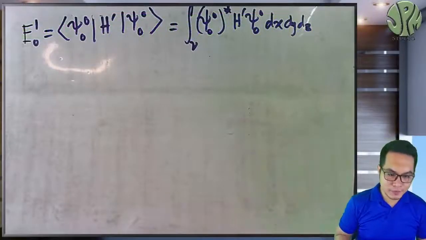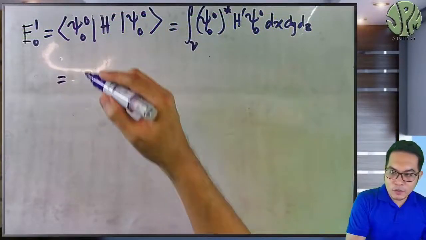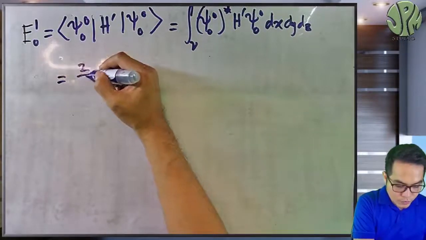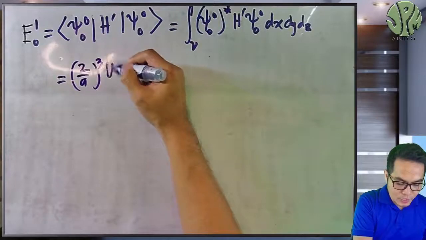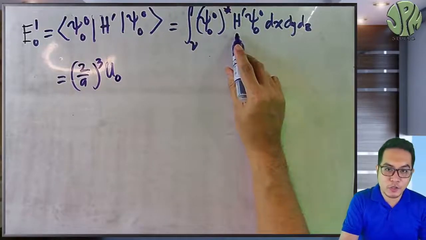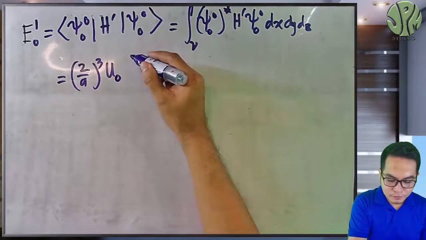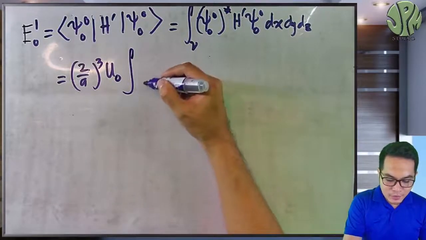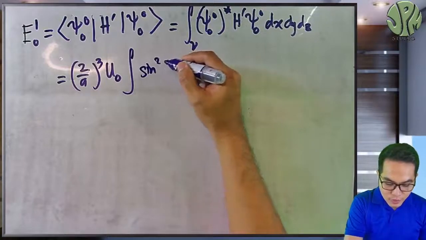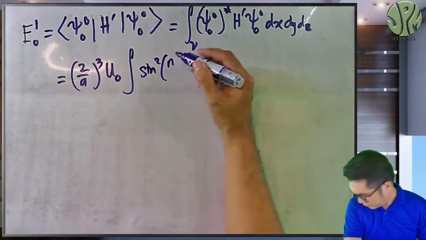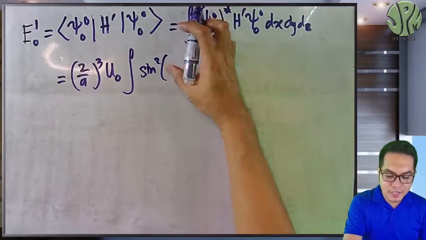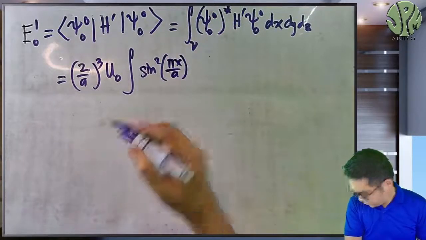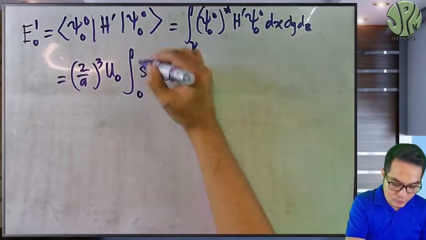So how do we do that? We have a factor of 2 over a cubed, and then we take out the H prime, which is u naught, out of the integral, and then we will have 3 integrals. For x, we have sine squared, with nx, ny, nz equal to 1, so pi x over a dx, from 0 to a over 2.